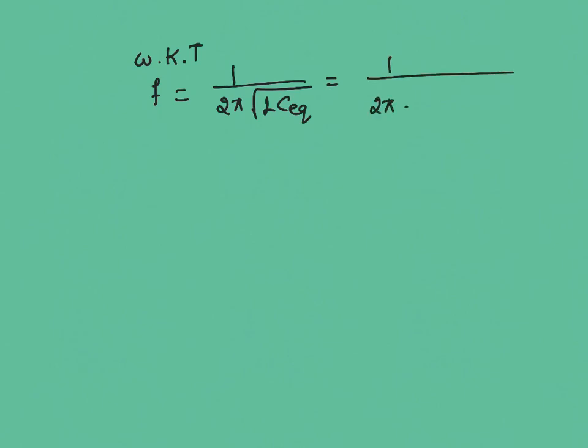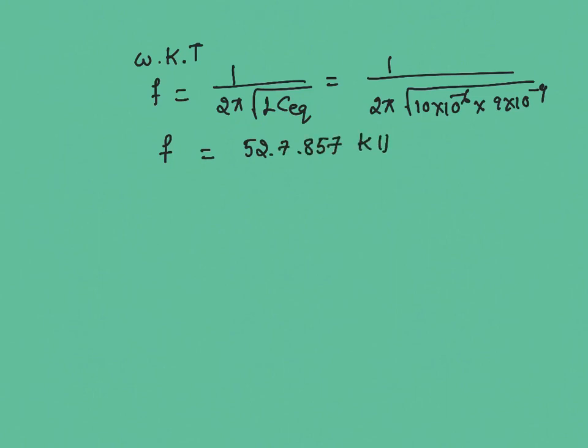Therefore, we know that the frequency of operation is f equals 1 by 2 pi square root of L into C equivalent, which is 1 by 2 pi square root of, with the inductance given as 10 into 10 power minus 6 and C equivalent we have already calculated as 9 into 10 power minus 9. Then the operating frequency will be 527.857 kilohertz.